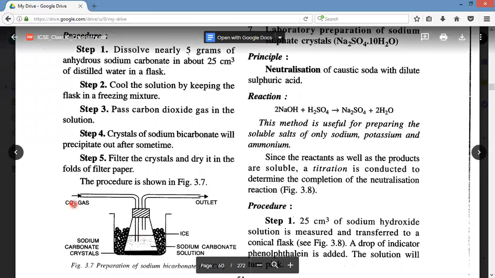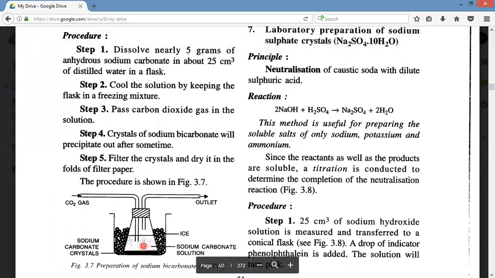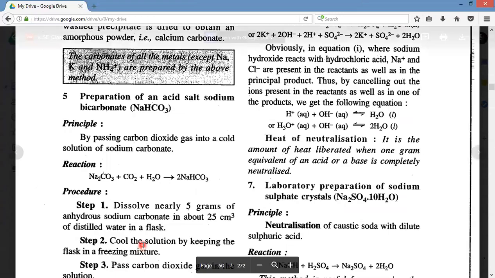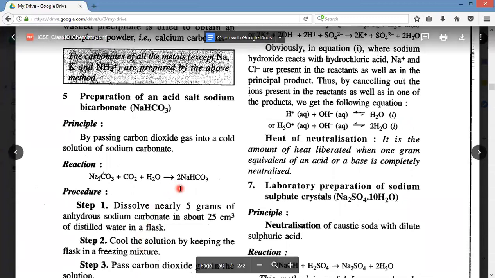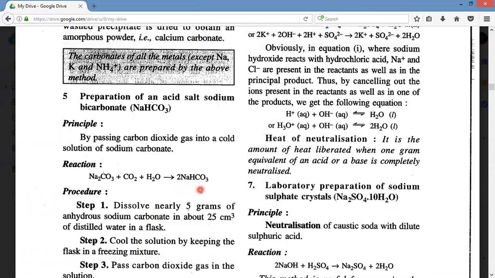Carbon dioxide is injected from the delivery tube into that conical flask, and the sodium carbonate, with the help of the water coming from the ice, reacts with the carbon dioxide, leading to the formation of sodium bicarbonate.